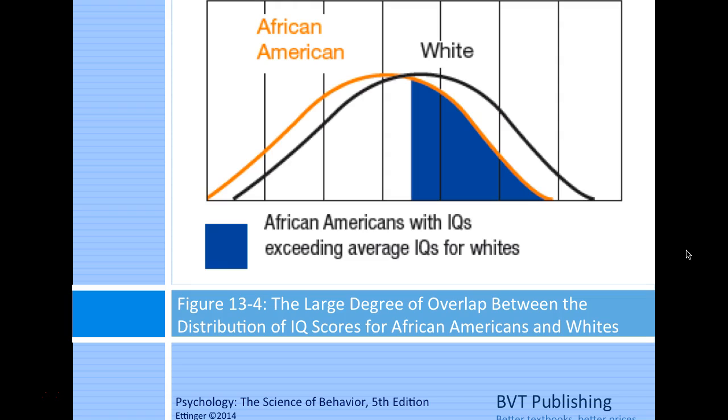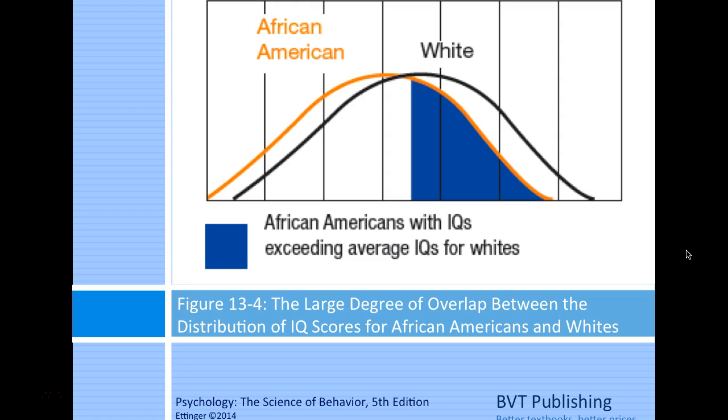Okay? Numerous studies conducted over the last 50 to 60 years have found that African Americans score an average of about 15 IQ points, which is one standard deviation, below American whites on standard tests of intelligence. So, for instance, on the Stanford-Binet test, the difference between African Americans and whites was 17.4 IQ points for the age group 12 to 23 years.